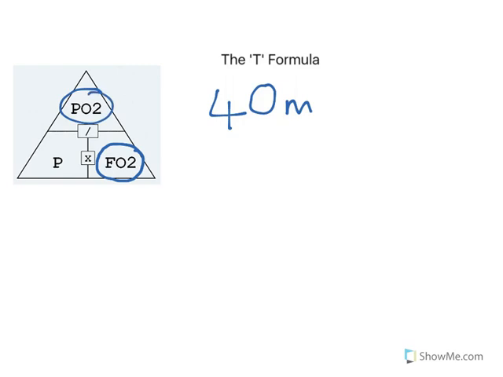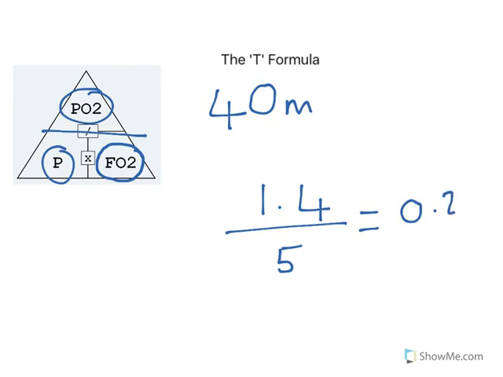Well, we know the PO2, that's 1.4, and the triangle, the formula, is telling us to divide that by the depth. Now it's 40 metres, so the depth is going to be 5 because it's 5 atmospheres. 1.4 divided by 5 gives us 0.28, and that is our gas mixture. 28% nitrox mix is the best mix for a 40 metre dive.